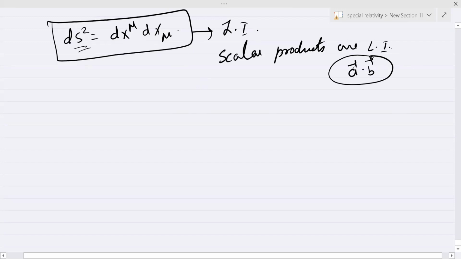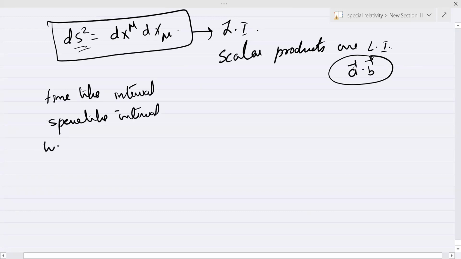Now we discussed time-like interval, space-like interval, and light-like interval. In the notation that we used, this was if ds square is greater than 0, because we wrote it as c square dt square minus dx square.